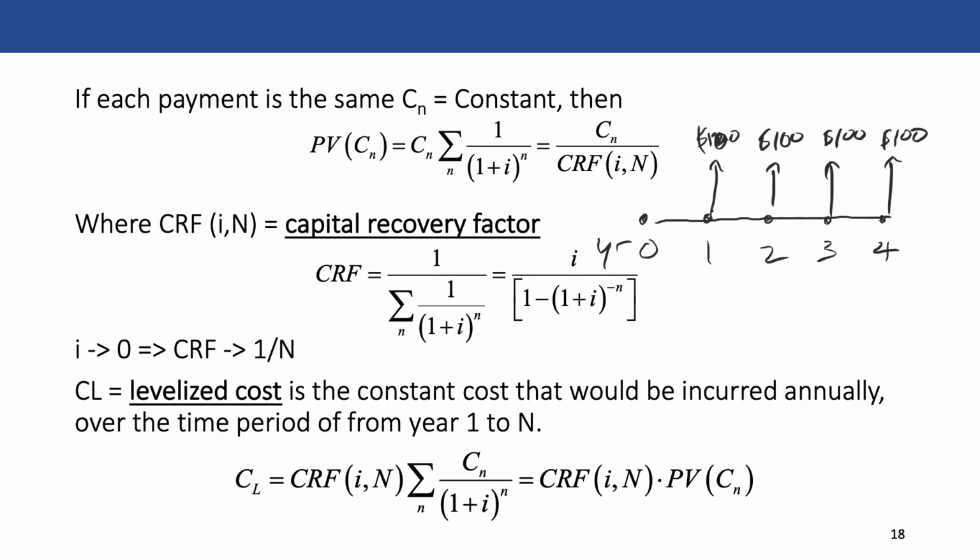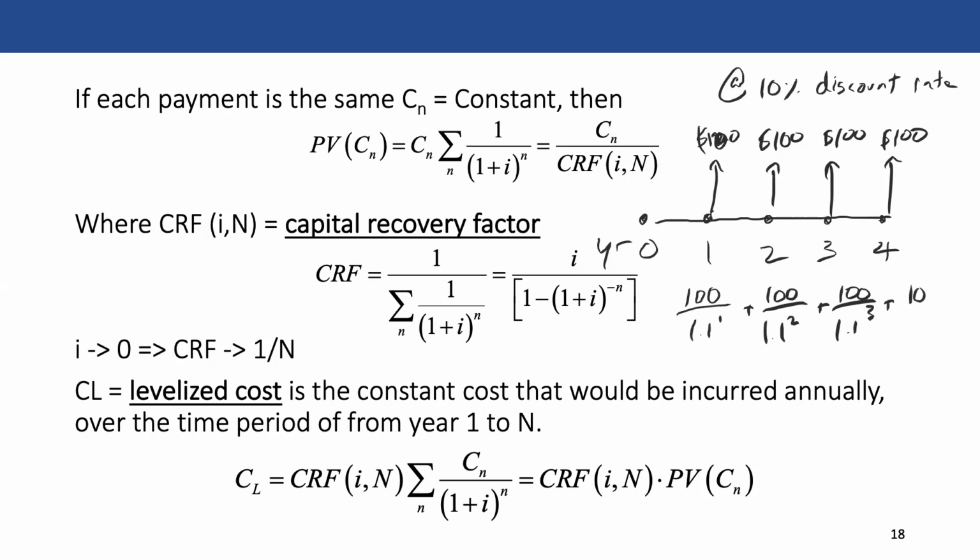But remember, the value of the money changes from year to year. And so this $100 would need to be actually divided by, if we're at a 10% discount rate, 1.1, plus 100 divided by 1.1 squared, plus 100 divided by 1.1 cubed, plus 100 divided by 1.1 to the fourth.